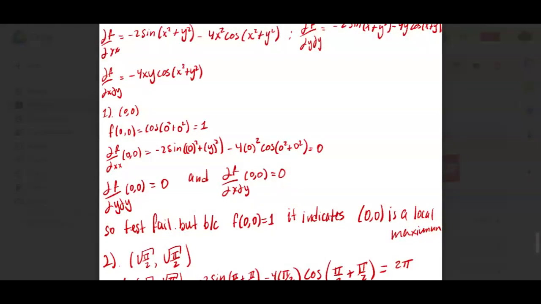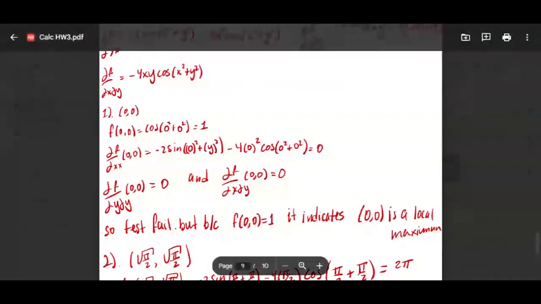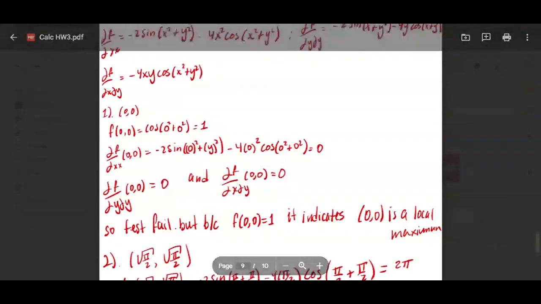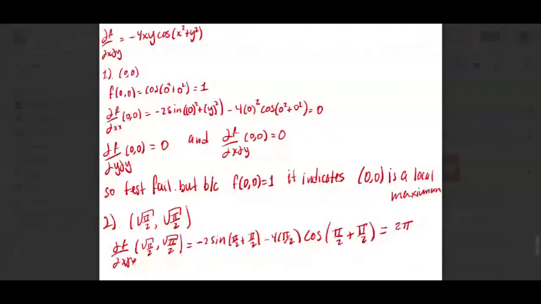And if we notice, all of our partials are equal to 0, so that means that our test technically fails. But if we look at the function value of f, which is positive 1, it indicates that it's a local maximum at 0, 0.